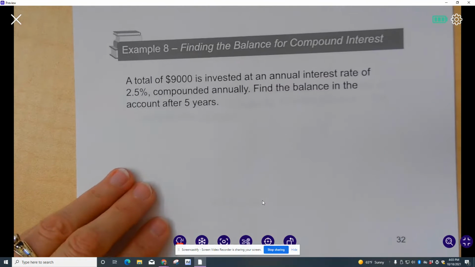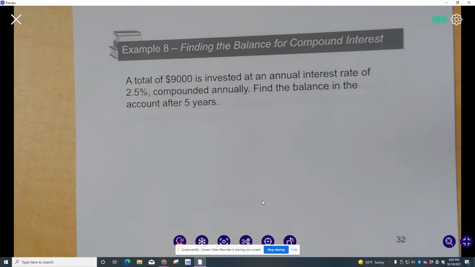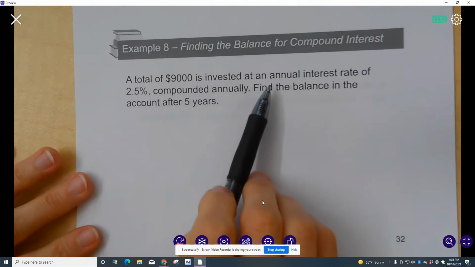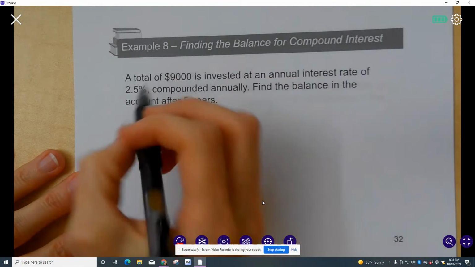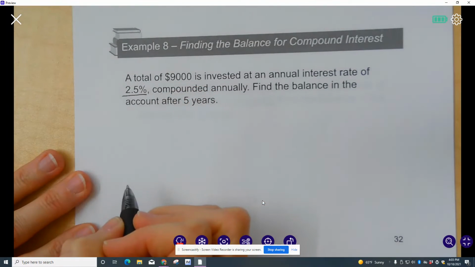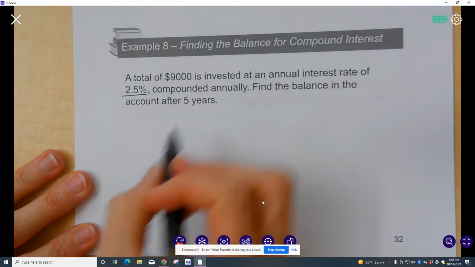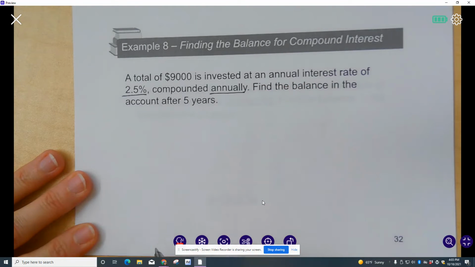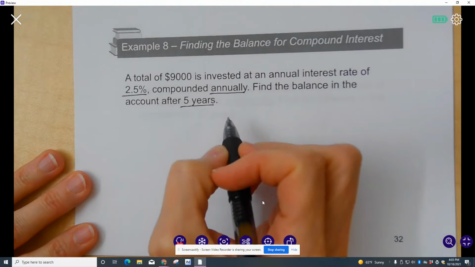Now, example 8, we are going to look at a problem. In this example, we're investing $9,000 at an annual interest rate of 2.5%, compounded annually. So that means once a year. Then it says find the balance after 5 years.